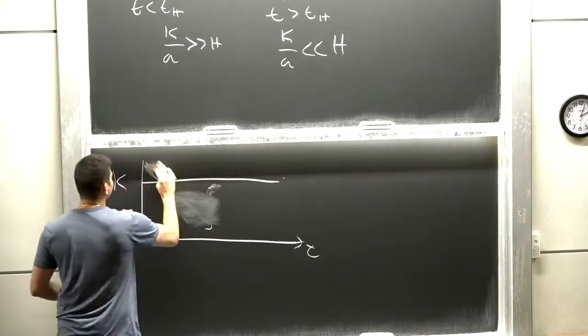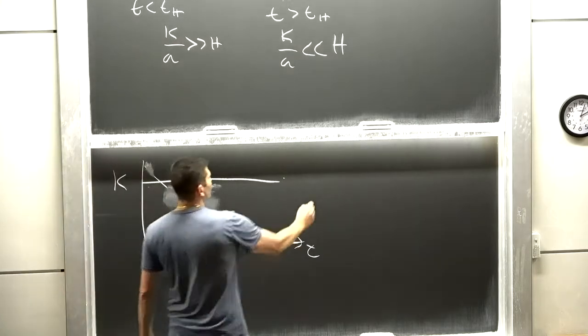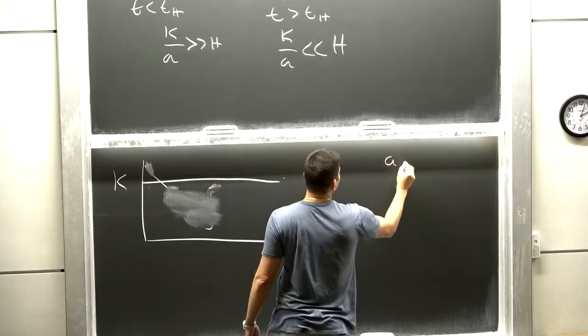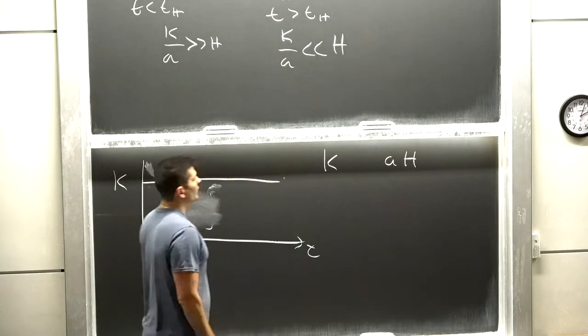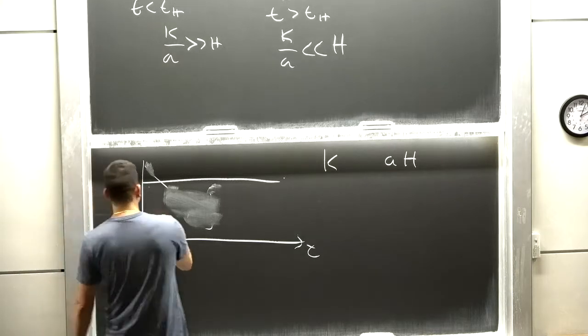Okay, so k is a constant, and we want to compare this to a times H. Inside the horizon means k is bigger than aH, so it starts bigger.